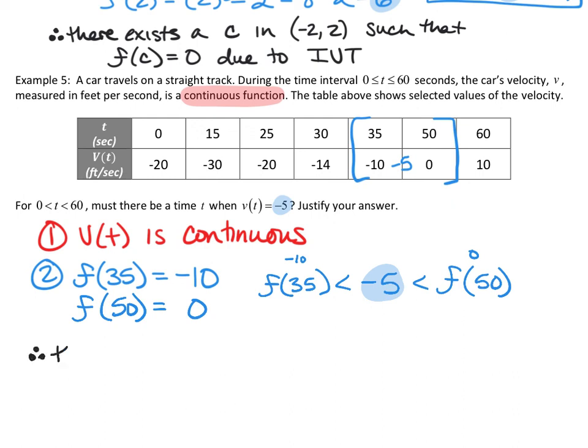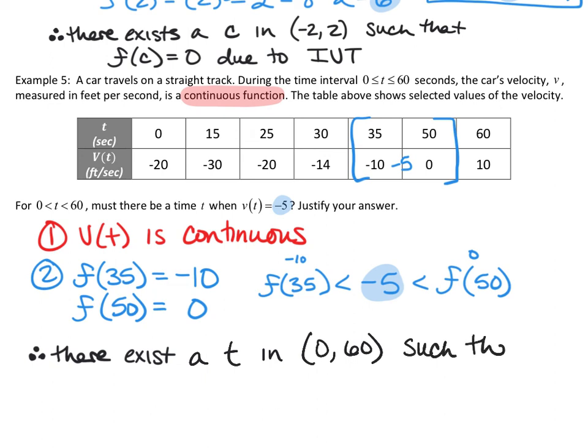Therefore, there exists a number t in the interval that they stated from 0 to 60 such that v of t would be equal to -5 due to the intermediate value theorem, which you can shorten to IVT.